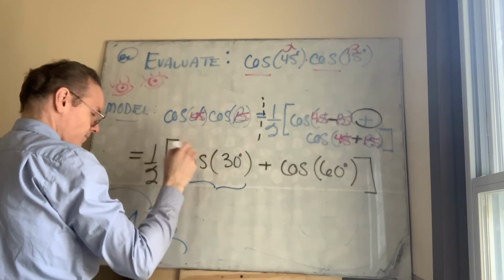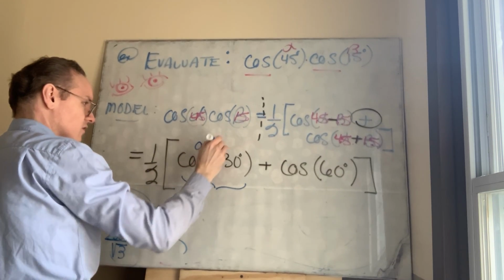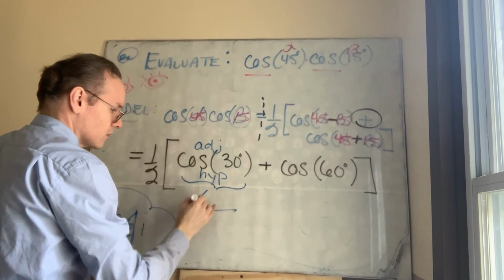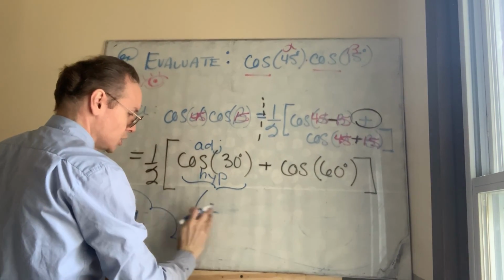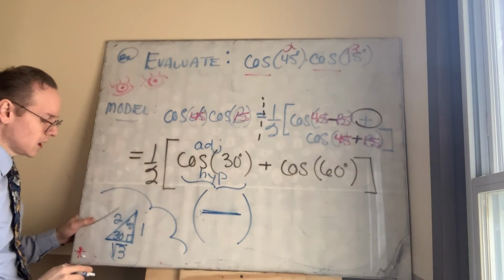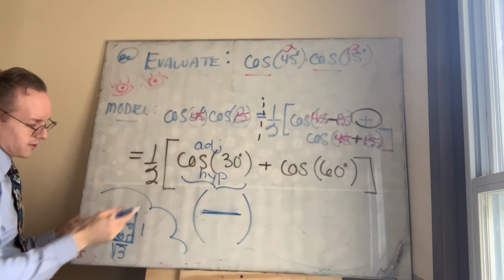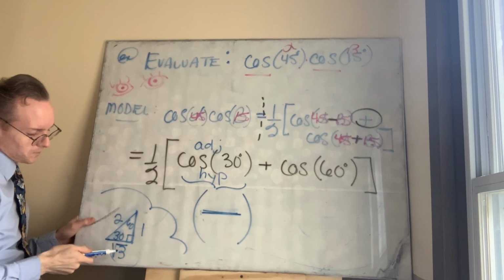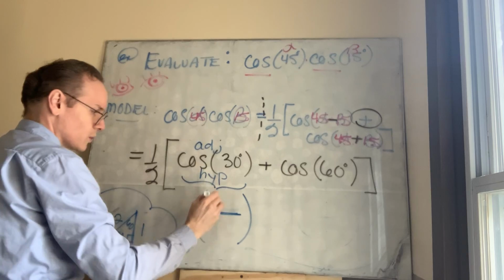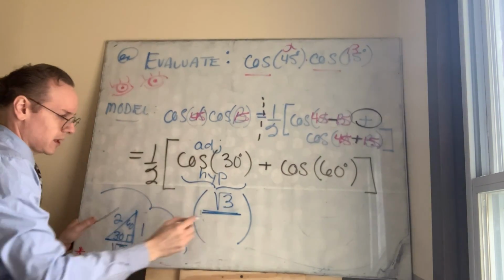Cosine is adjacent over hypotenuse. So, in terms of the ratio, in respect of 30, the dimension that is adjacent to 30 is the square root of 3, and the hypotenuse is 2.